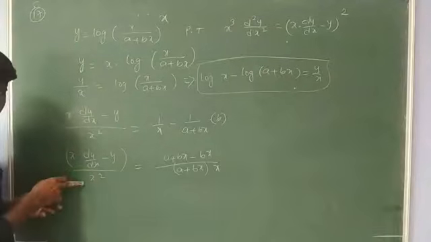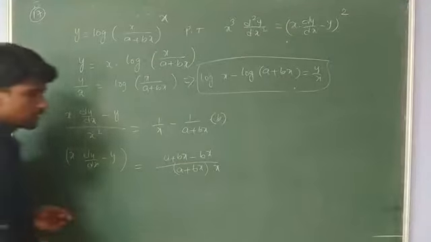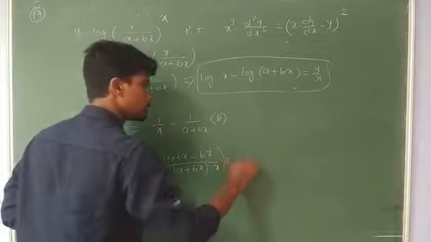So actually here x square divided, if I transpose to the right side, this one multiplies, right?